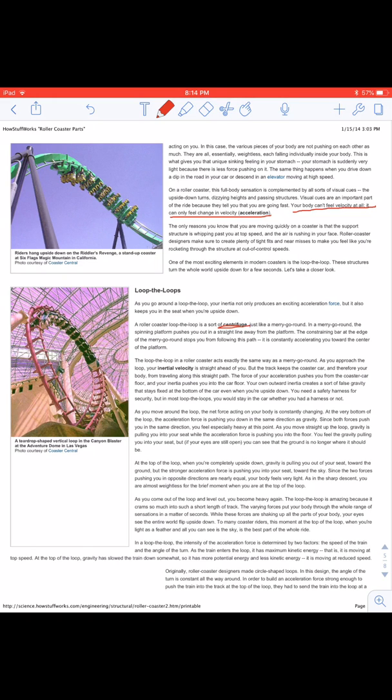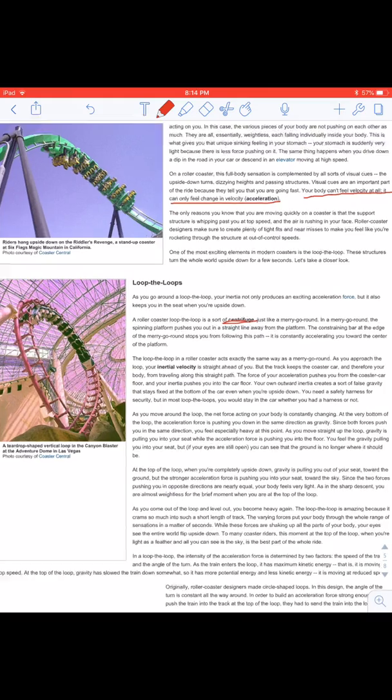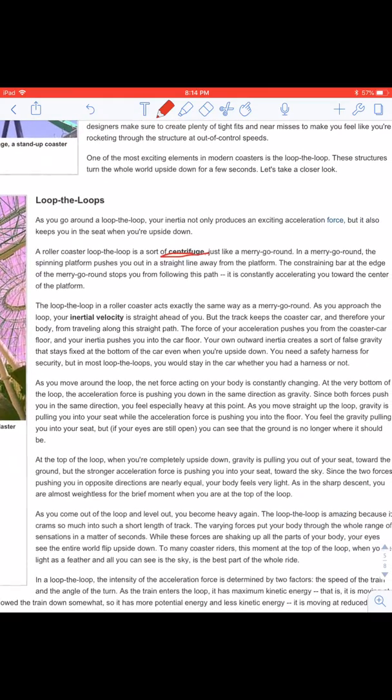Your own outward inertia creates a sort of false gravity that stays fixed at the bottom of the car even when you're upside down. You need a safety harness for security, but in most loop-the-loops, you would stay in the car whether you had a harness or not. I think that inertial velocity, I'm going to mark that as a good word too.